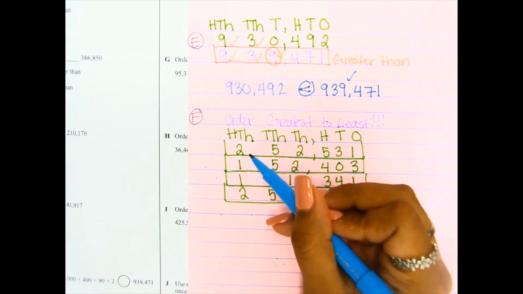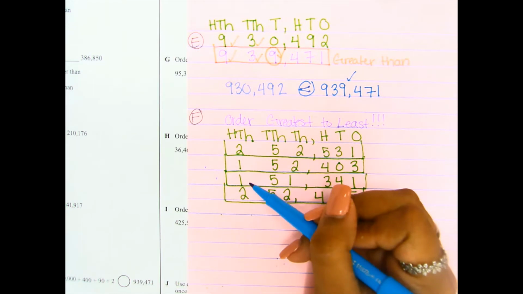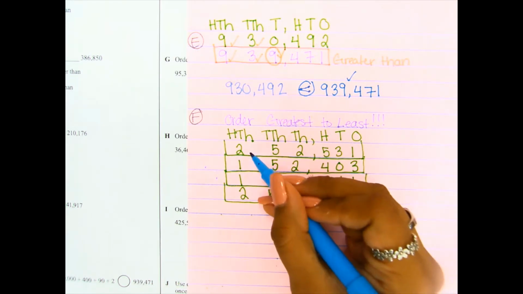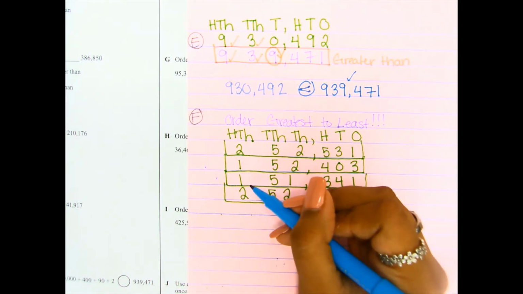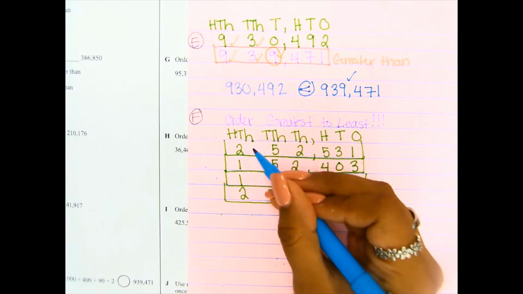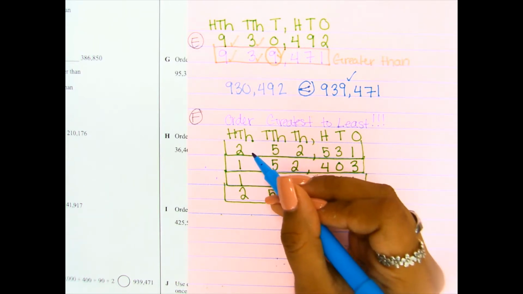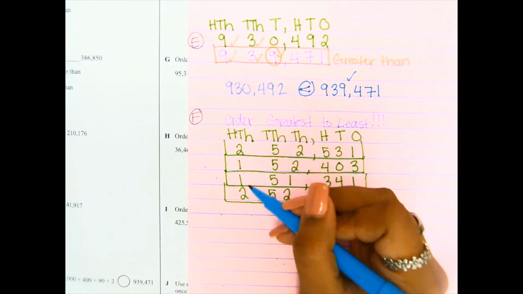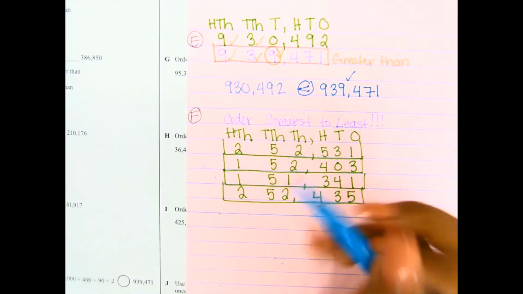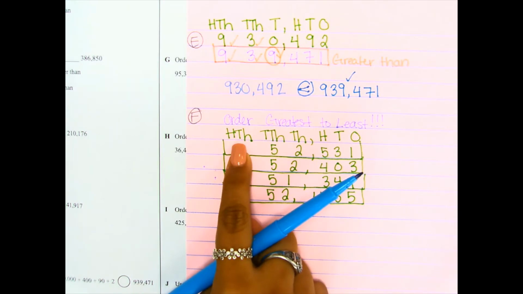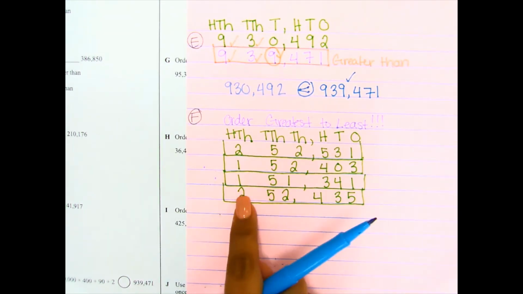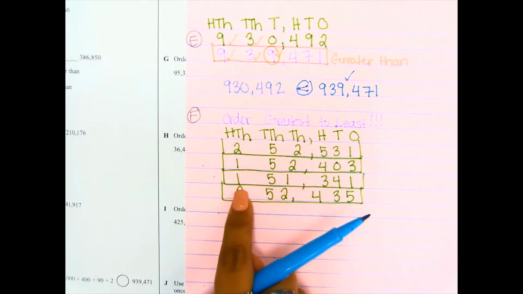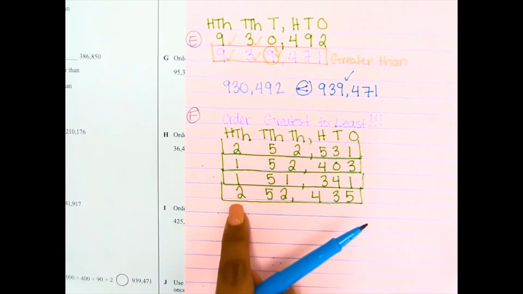So now let's compare this one to our third one. 2 and 1. Which one is greater? Our 2. Now let's look at our fourth number. There's a 2 in the 100,000s and a 2 in our 100,000s. And remember, we start with our 100,000s place because that is our largest place value. So far I have 2 in the 100,000s for 2 numbers. So far, these are my greatest.